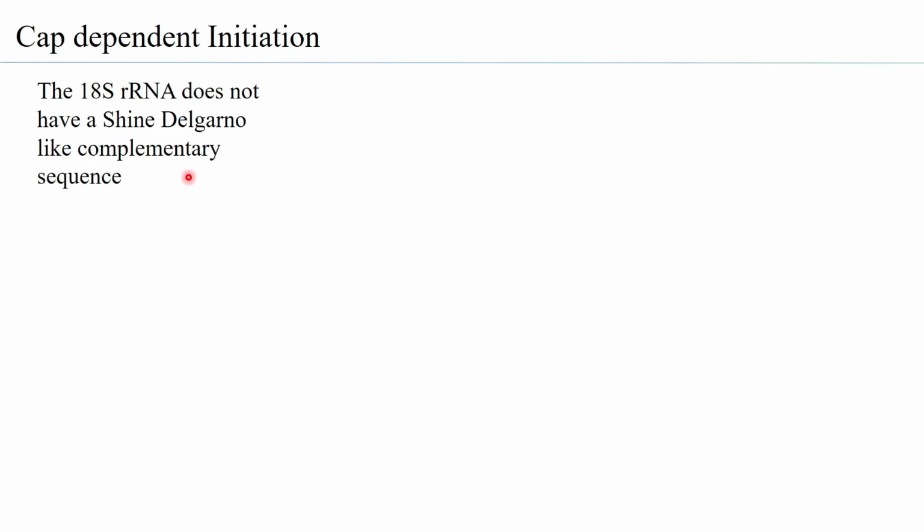Now, unlike in the prokaryotic system where the 16S rRNA is able to recognize the Shine-Dalgarno sequence in the 5' untranslated region of the mRNA, in the eukaryotic system, the 18S rRNA does not have any complementary sequence that can bind to a Shine-Dalgarno sequence. And neither is there a very distinct sequence such as the Shine-Dalgarno sequence in the eukaryotic mRNA.